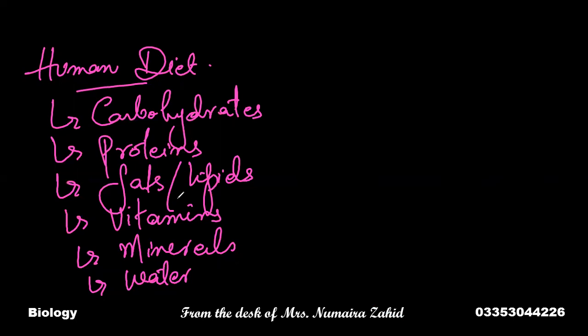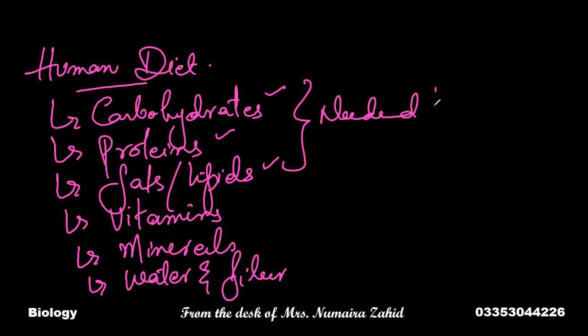When we discuss all these factors, water and fiber, these 3 need to be digested. We need to digest only these 3 components of our diet. Vitamins are not needed to be digested.